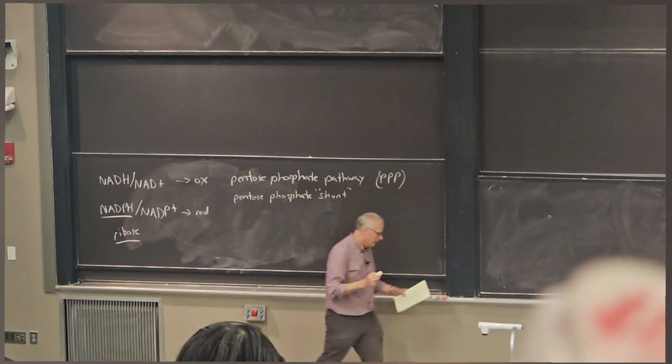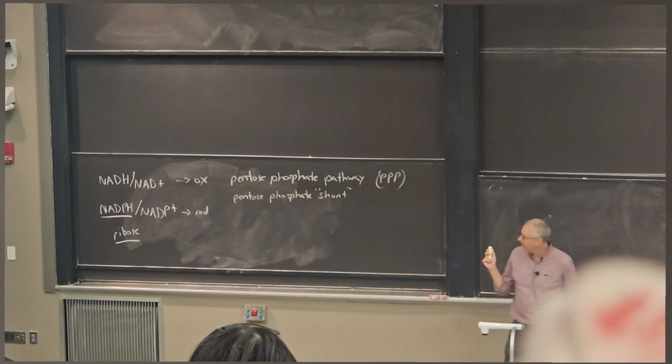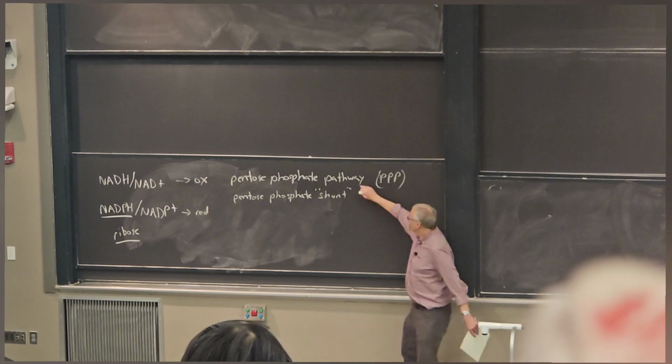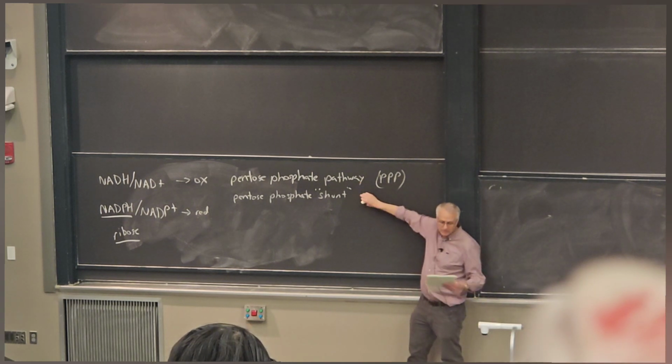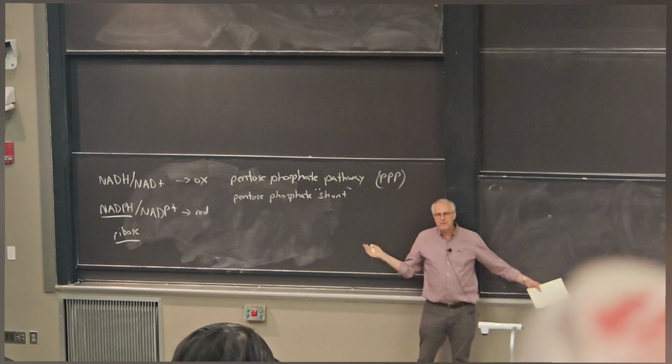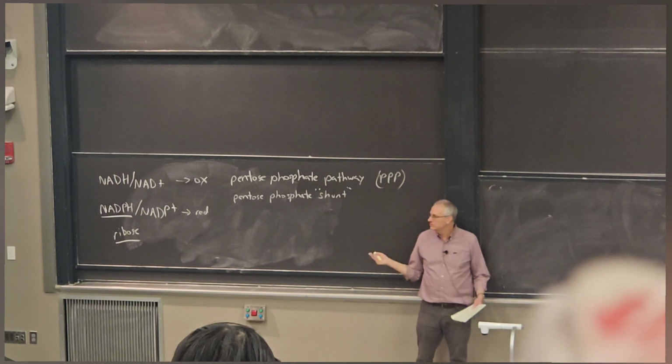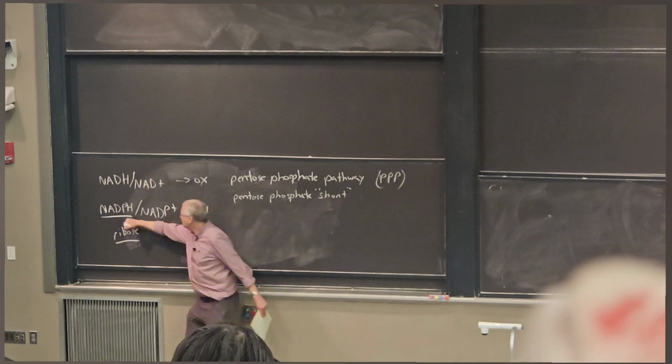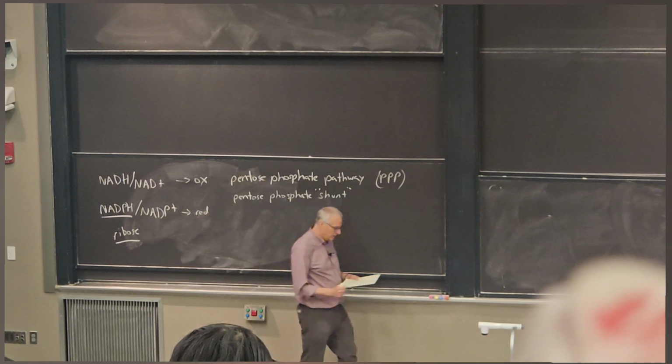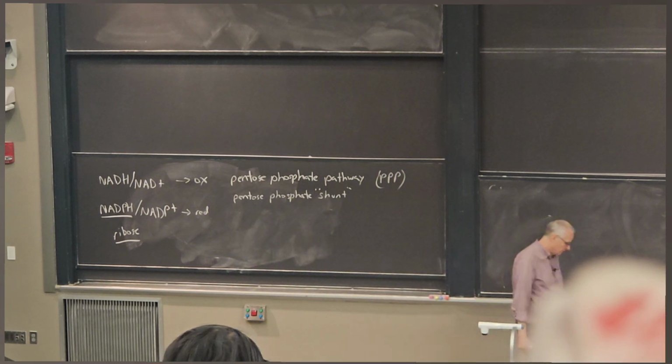I'll explain why the word shunt comes in a second. But it turns out that this pentose phosphate pathway or shunt is the major pathway that all cells use to get NADPH and ribose as an alternative to photosynthesis.